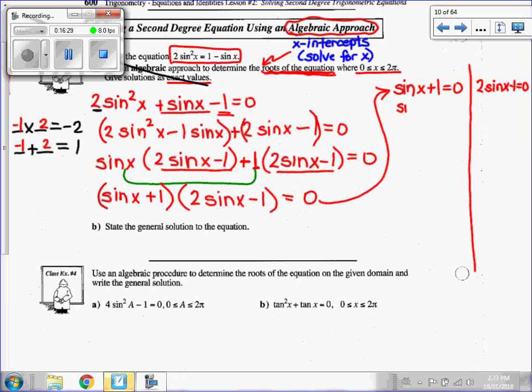So just using regular algebra, sine x equals -1, or the other solution would be 2 sine x equals 1, and then divide by 2, sine x equals 1/2. Okay, now at this point, once I have my two solutions, I can just look on my unit circle and see where sine x equals 1. Where does sine equal 1? Or sorry, -1. So look on your unit circle, where does sine equal -1?